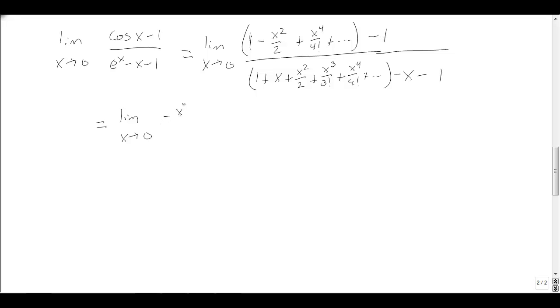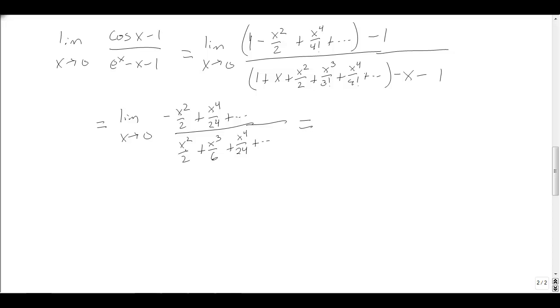You get a negative x squared over 2 plus x to the 4th over 4 factorial, which is 24. On the bottom, we're going to subtract the 1 and the x. So you have an x squared over 2 plus x cubed over 3 factorial, which is 6, plus x to the 4th over 4 factorial, which is 24, plus some more stuff here.